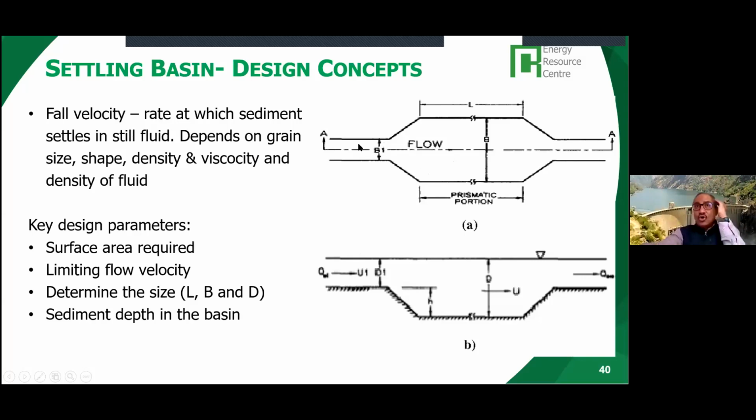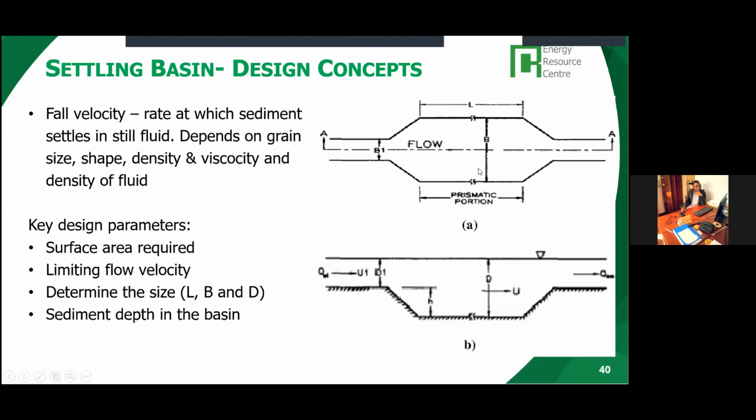The velocity in the settling basin is different because of the larger cross-section area. When the water flows in the settling basin, the normal velocity decreases.